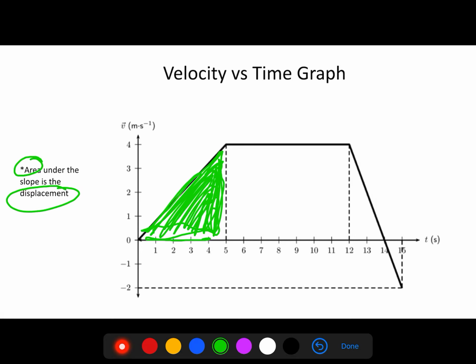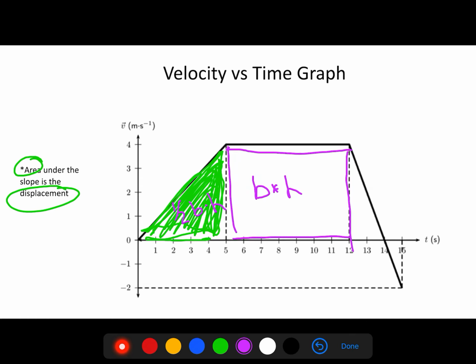How far did the object travel? If we're looking at a graph, we're simply calculating the area, okay? So hopefully you recall from math class, if we are looking at a rectangle right here, then we're going to say base times height. If we are looking at a triangle, it's 1/2 of the base times the height.